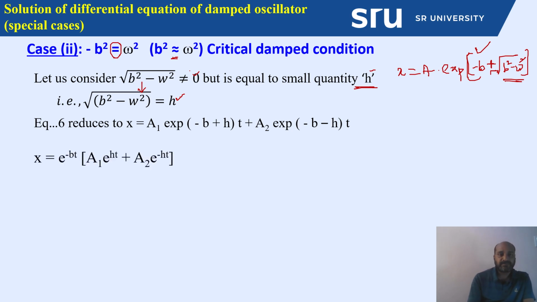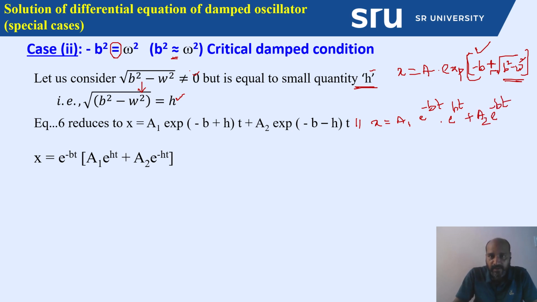If you observe this equation, exponential minus bt is common in both the terms. If you write this in a little more detail, the equation will be: x is equal to a1 e to the power of minus bt and e to the power of ht, and a2 e to the power of minus bt and e to the power of minus ht.